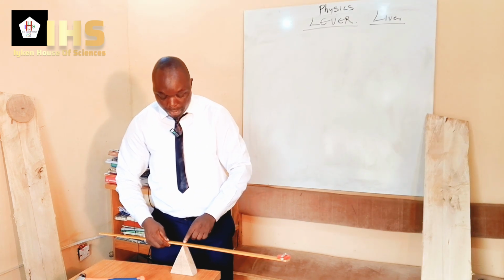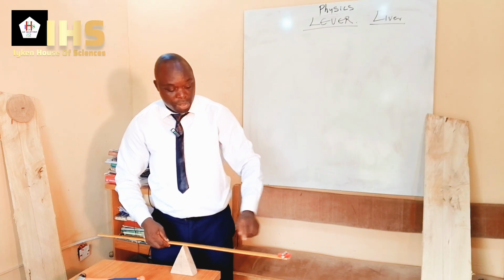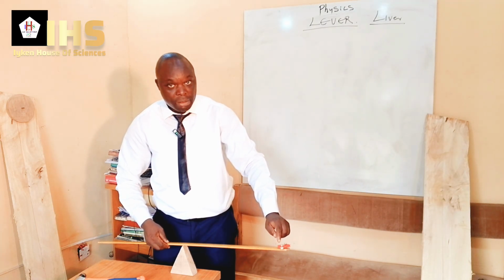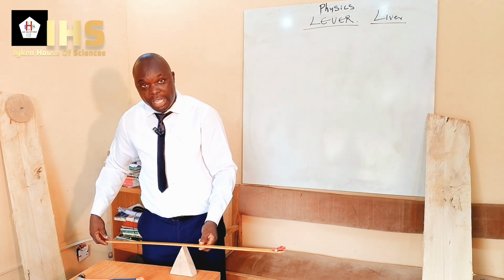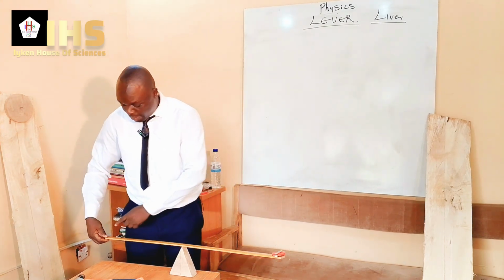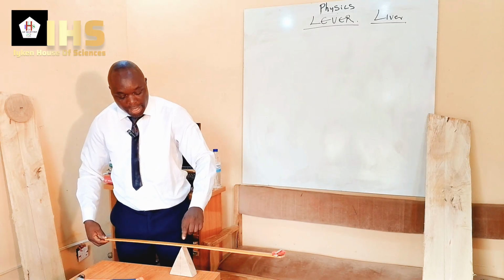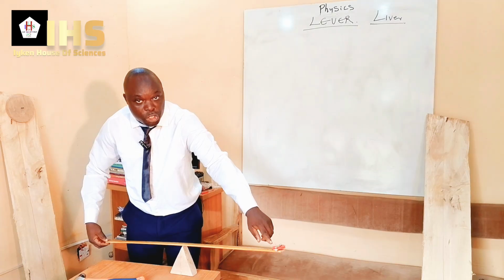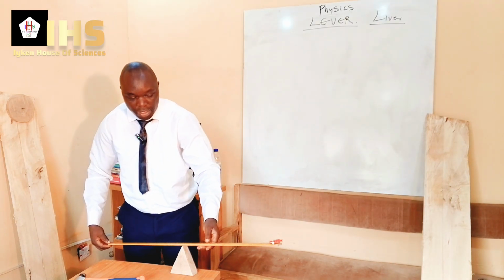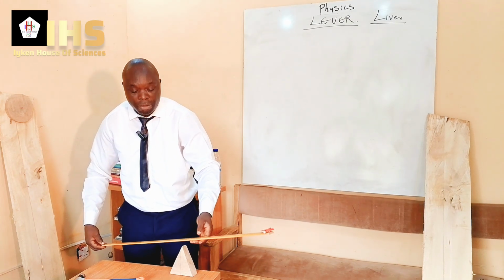From the center, the fulcrum, to here is the distance moved by the load, where this is the load itself. Here, where my hand is, is the effort. Here is the fulcrum or the pivot. Here is the load. Now, this is a simple machine.